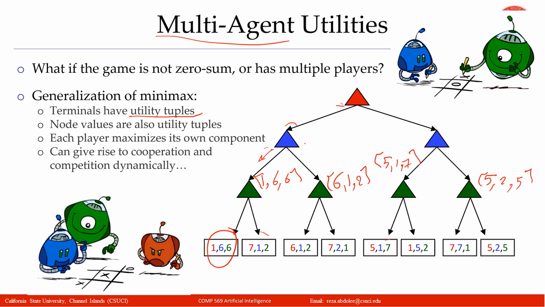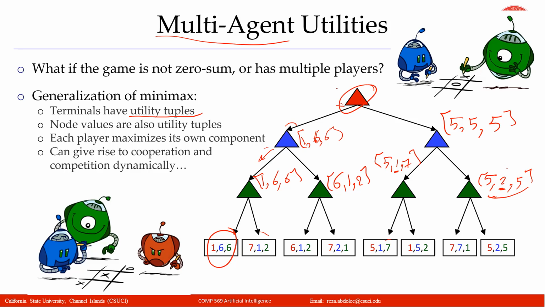For this branch, it happens to be 1, 6, 6. And for this one, it compares the value of 1 with 2, and therefore it chooses the tuple that maximizes its utility, so it's going to be 5, 2, 5.